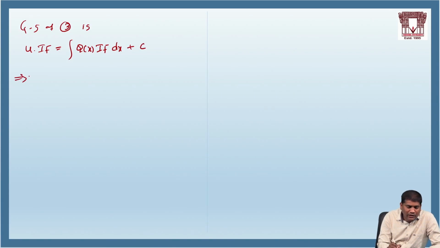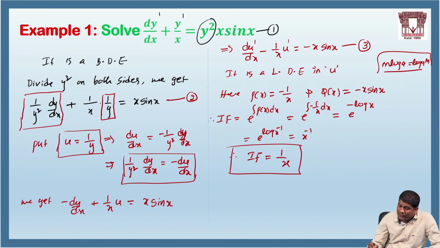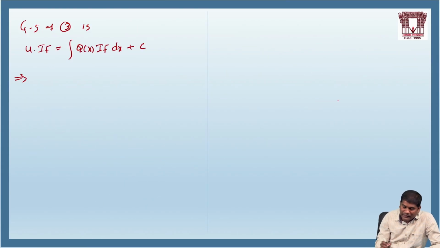Then that implies, what is u here, u is 1 by y and integrating factor is 1 by x, and the right hand side function q of x is equal to minus x into sine x.